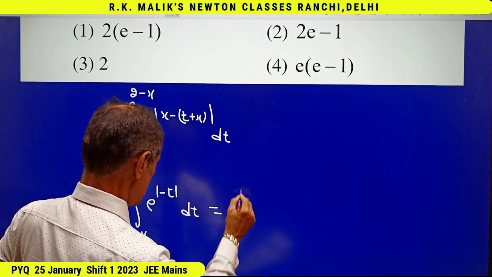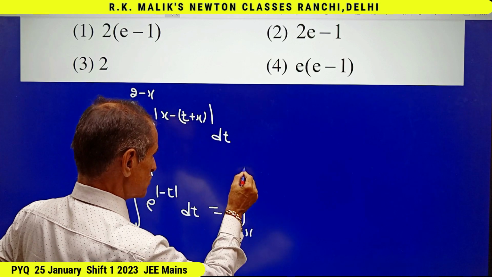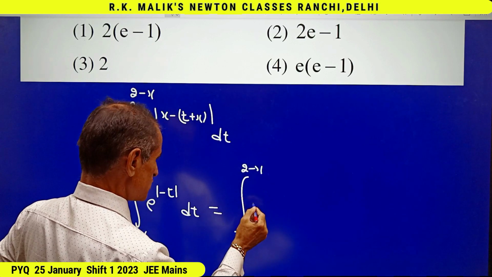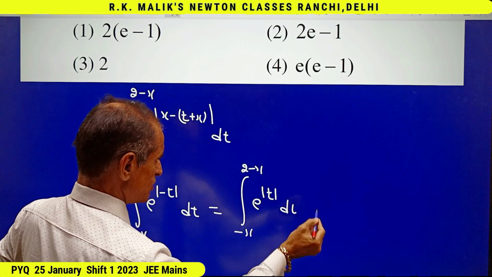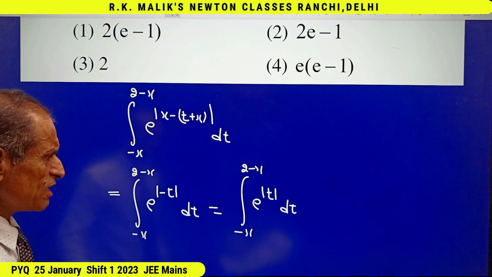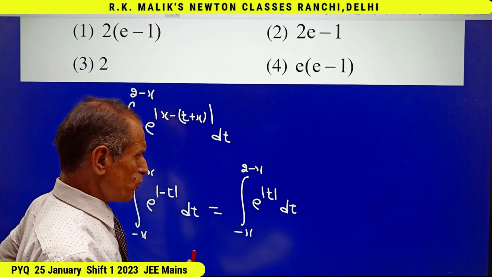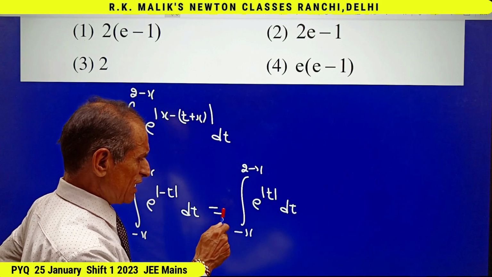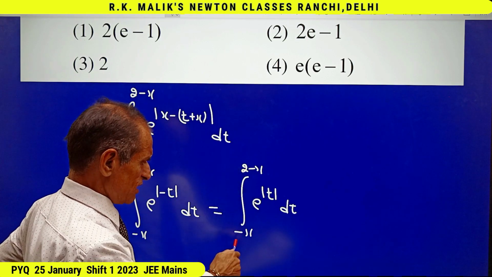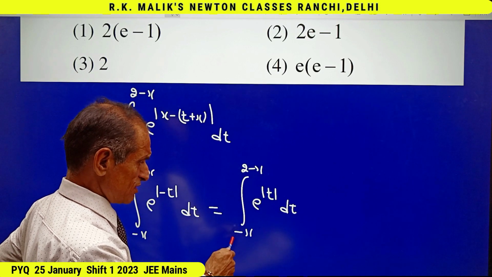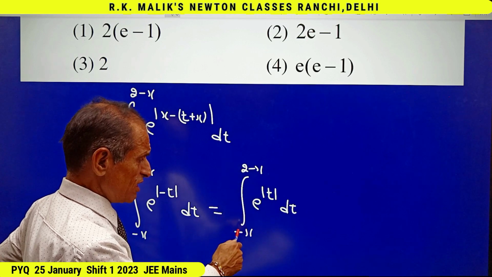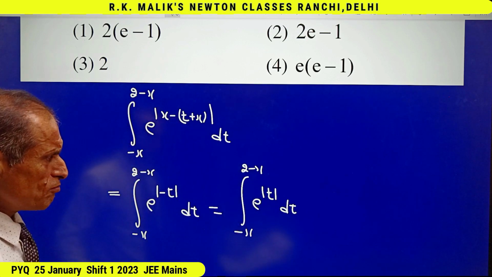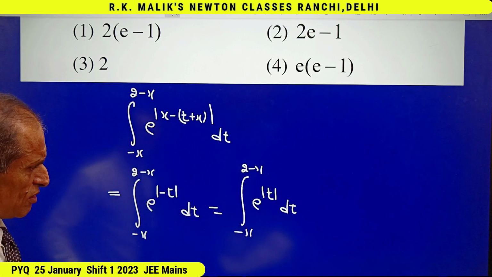Obviously this is minus x to 2 minus x, e to the power mod t, dt. Obviously it will be slightly more simple had it been plus x here and here. It's not necessary, but had it been plus x here and here, it would become slightly more simple.